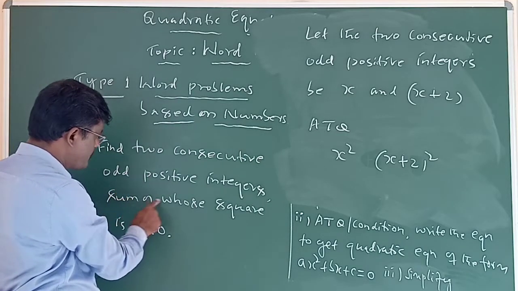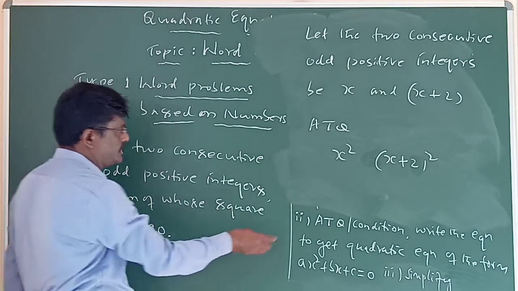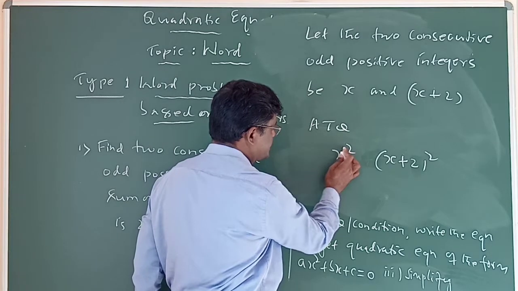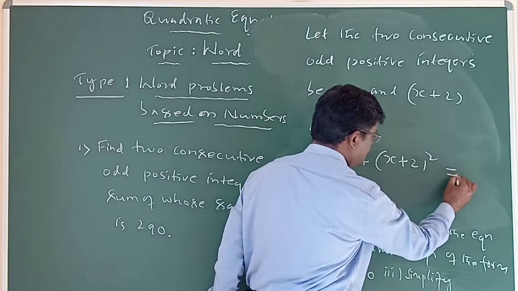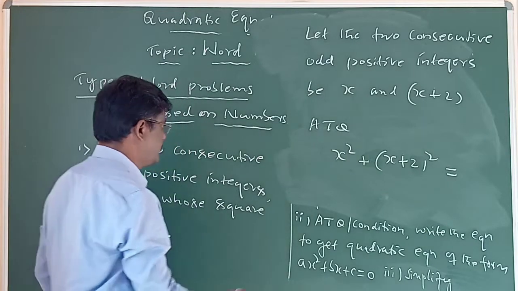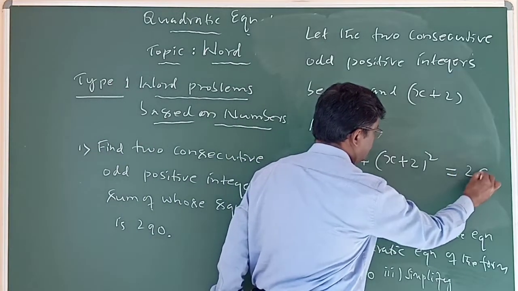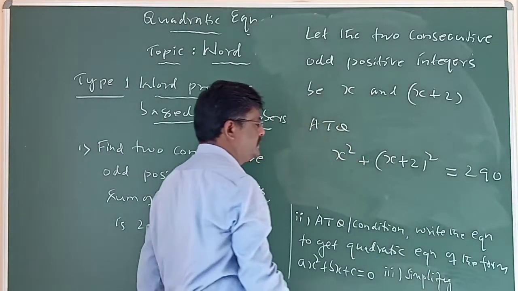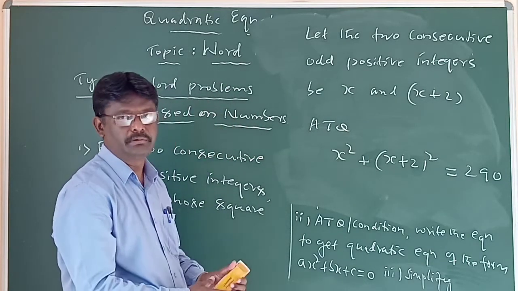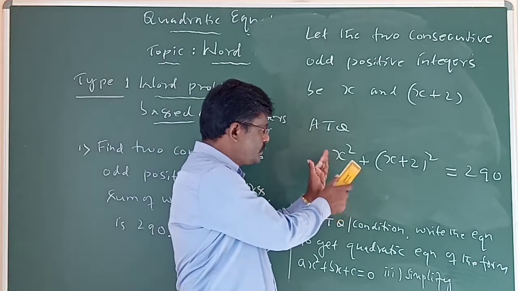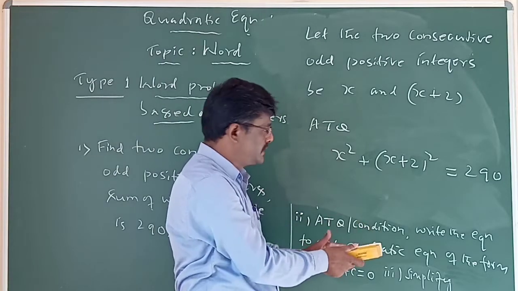Sum of whose squares: the square of the first plus the square of the second equals how much? It is given as 290. So the very first step of obtaining the equation is done. Now we have to go for the standard form.